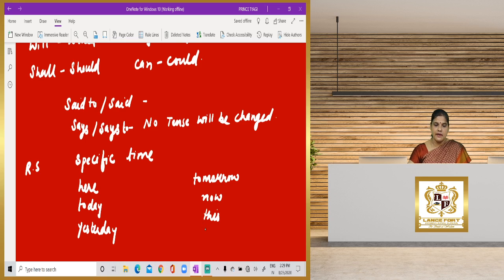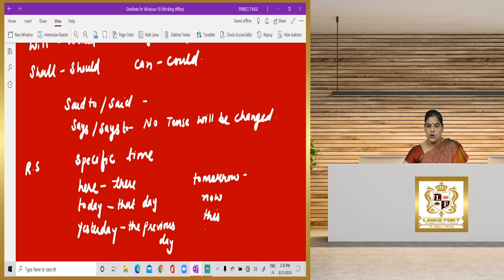Whenever you change into indirect speech, here will be changed into there, today will change into that day, yesterday will change into the previous day, tomorrow will change into the next day, now will change into then, and this will change into that.